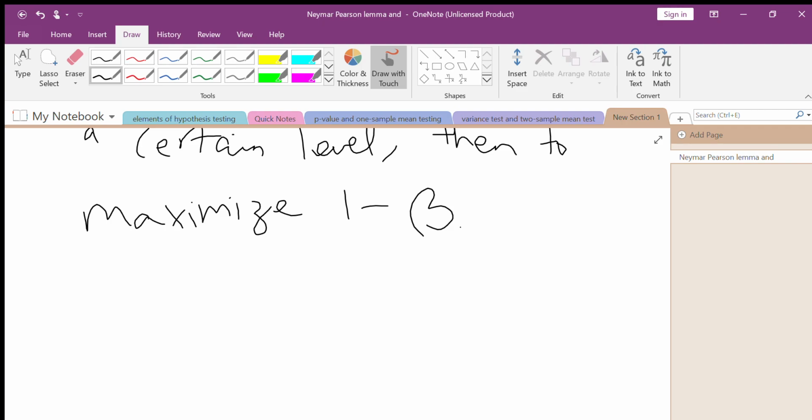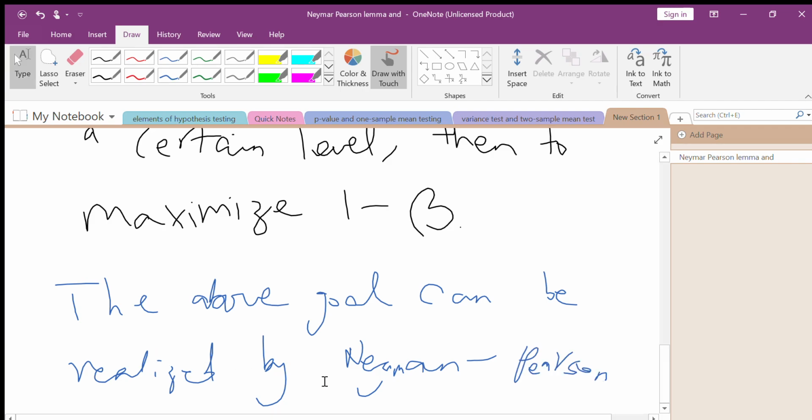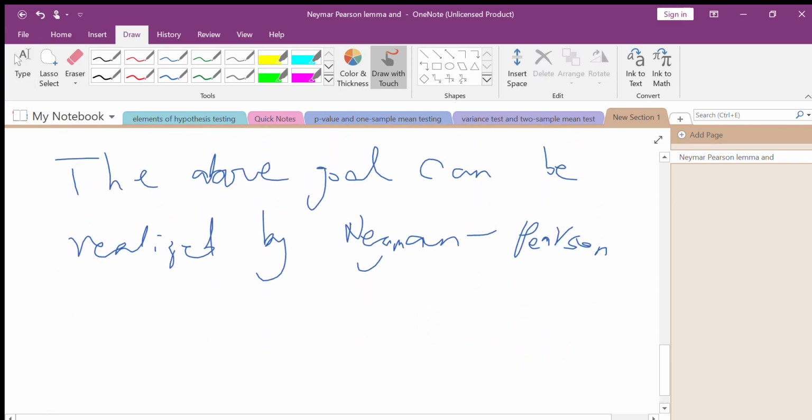The above goal can be realized by the Neyman-Pearson lemma.